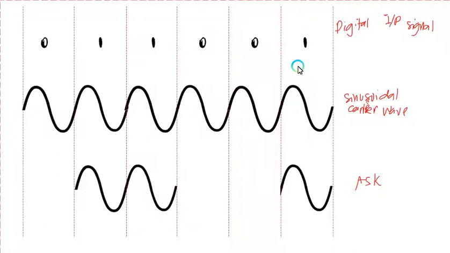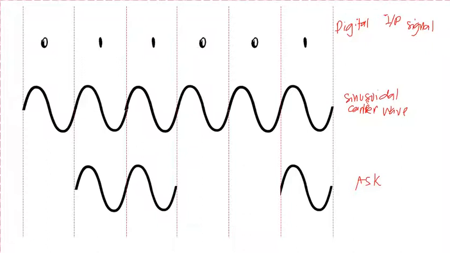So based on the concept of ASK, when your input is 0, there is no output. When your input is 1, there is output. So it is just switching on and off. That is why amplitude shift keying is also called on-off keying.